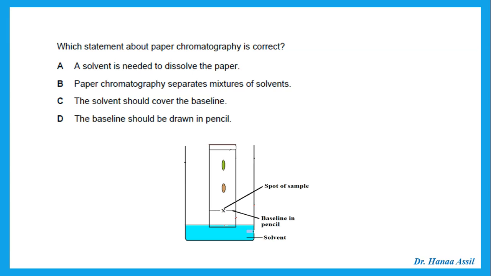No, of course not. We separate the mixtures in a sample or the components of a sample. The solvent should cover the baseline? No, we said the solvent should be below the baseline. The baseline should be drawn in pencil? Yes, we said the baseline should be drawn in pencil.